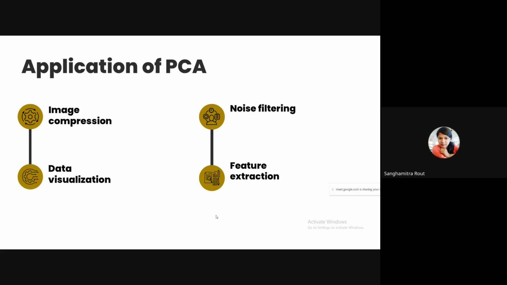Feature extraction means that you can produce new variables that are linear combinations of original variables. This means PCA can identify the most important variables in your data. These are some applications I talked about.